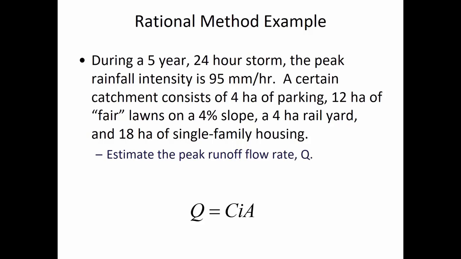Oh, per hour, right? Per hour. So if we now divide that by 3,600, then it's about 4.96 cubic meters per second. So it's just a really quick and easy way to figure out the peak runoff from an area. And keep in mind that this is a conservative estimate, and so the actual peak runoff is probably a little bit lower.